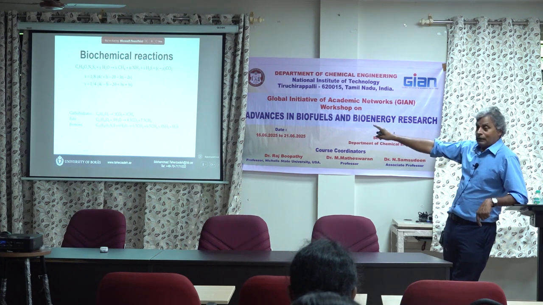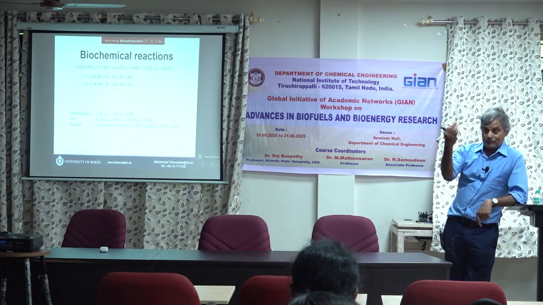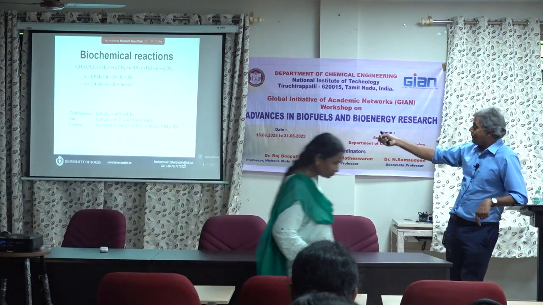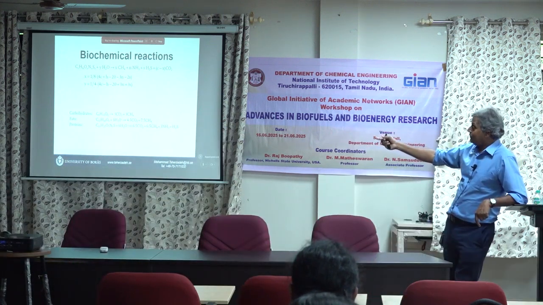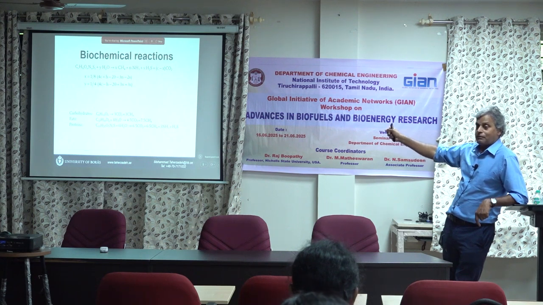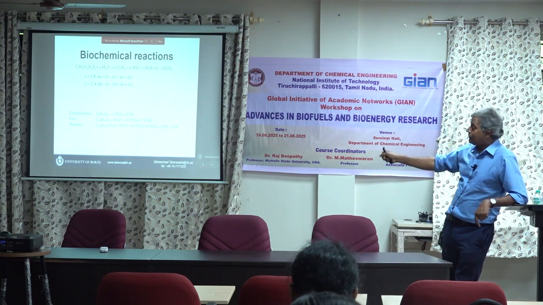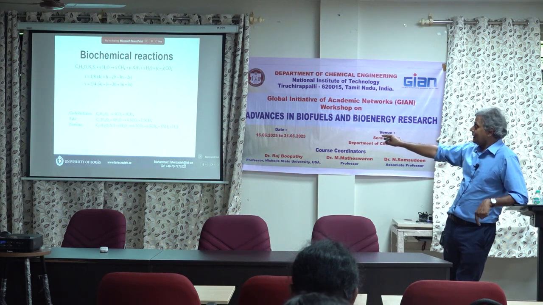From one carbohydrate, you can make 3 CO2 and 3 methane. From one fat molecule, you can make 4.5 carbon dioxide and 7.5 methane. From one protein, you can make 6.5 CO2, 6.5 methane, 3 ammonia, and hydrogen sulfide.